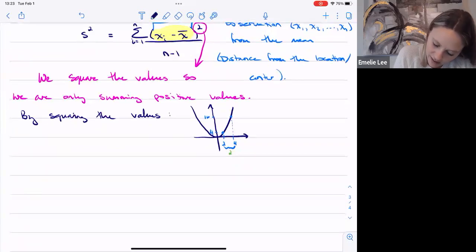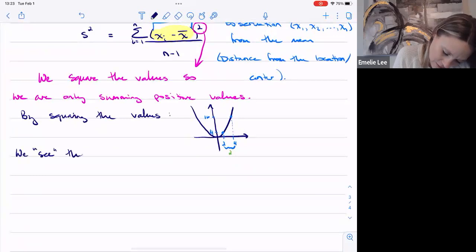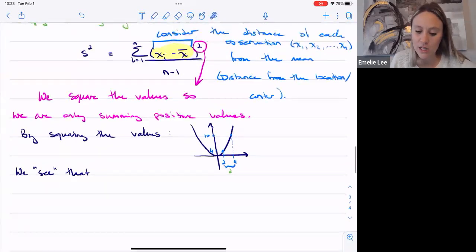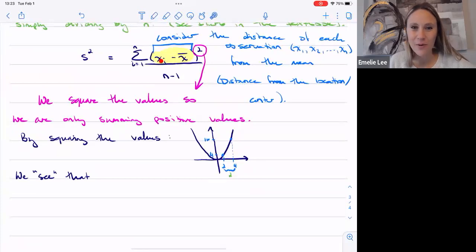is because we see from that parabola that a distance that's twice as large, or a deviation from an observation to the mean that's twice as large, is more than twice as bad, right?